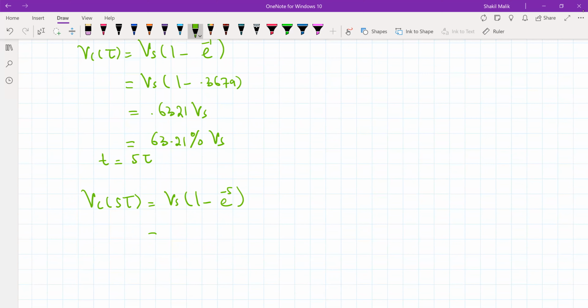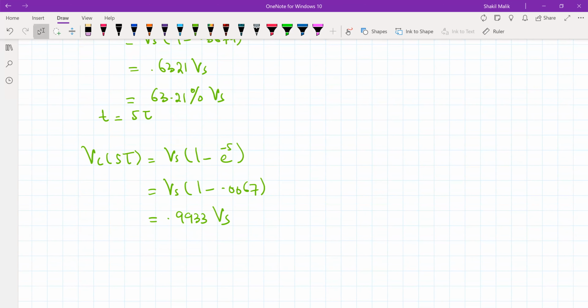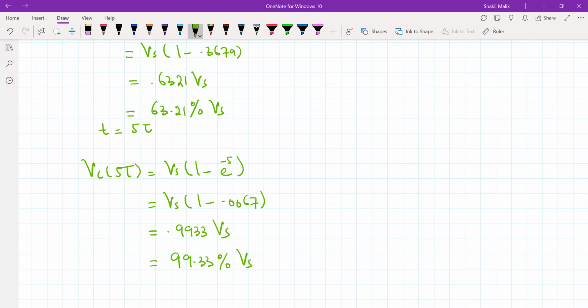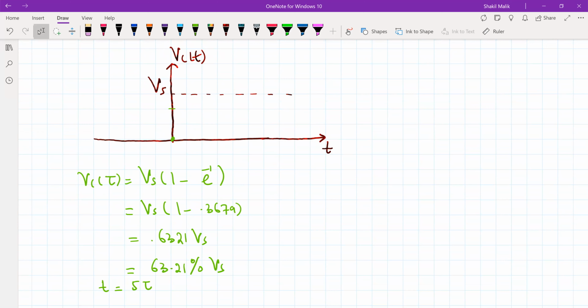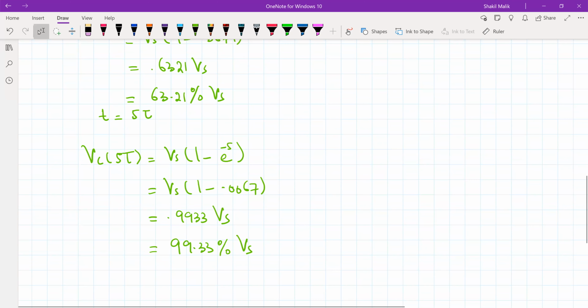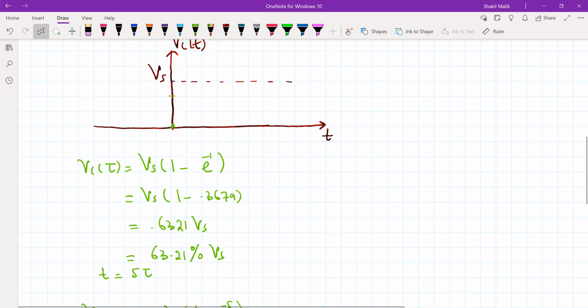So this is simply Vs (1 minus 0.0067), which equals 0.9933 Vs. What is this saying? The capacitor voltage rises to 99.33% of Vs. What's Vs? Vs is the final value that the capacitor voltage acquires. So in 5 time constants, the capacitor voltage rises to 99.3% of the final value.